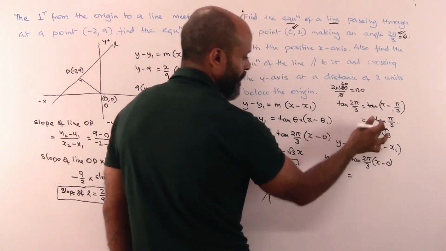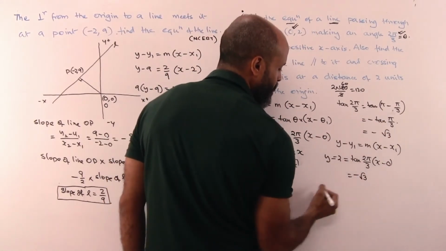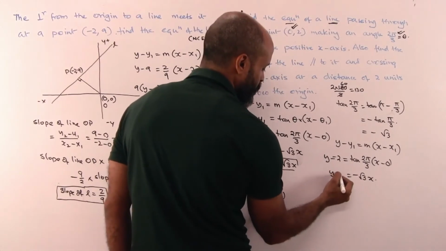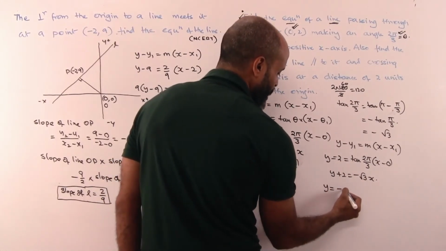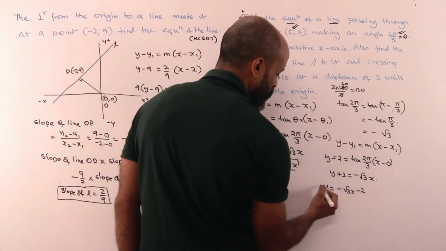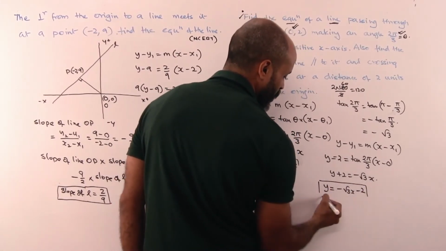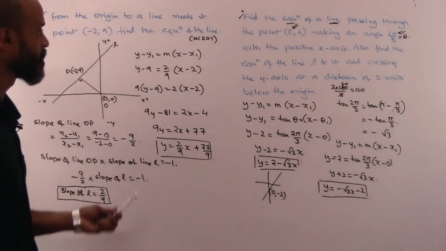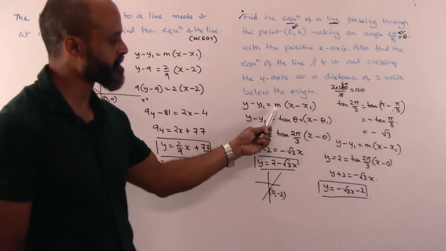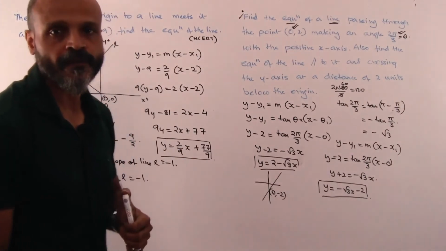We have seen the value of tan 2π/3 to be minus under root 3, so minus under root 3 x. This is y plus 2. So we can say y is equal to minus under root 3 x minus 2. So this will be the equation of the second line. Okay, that's how we will use this equation to find out the equations of lines that are given.